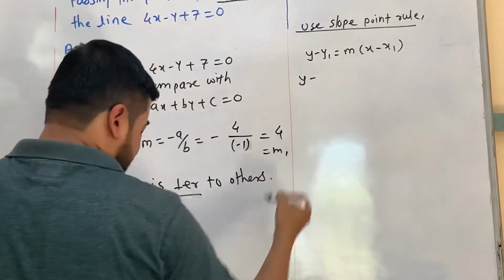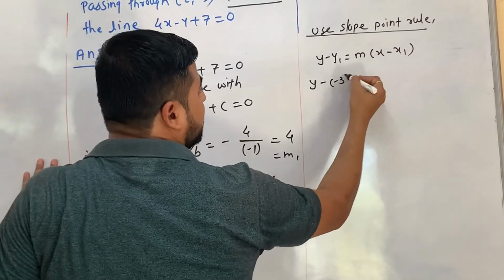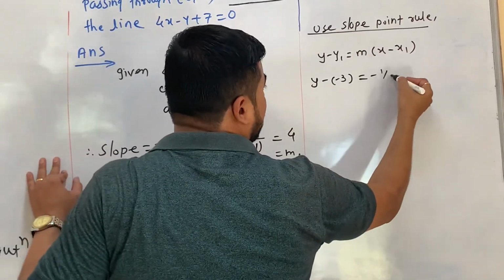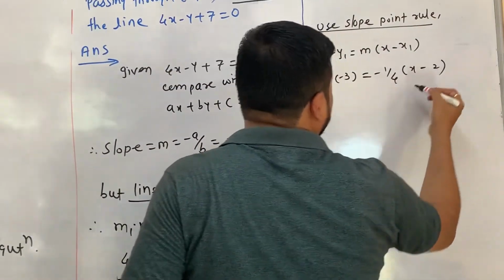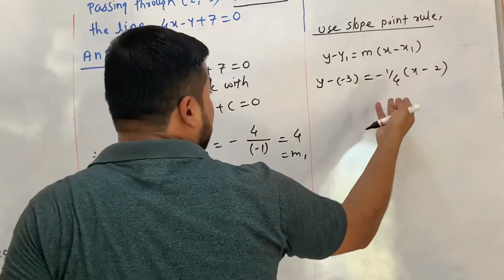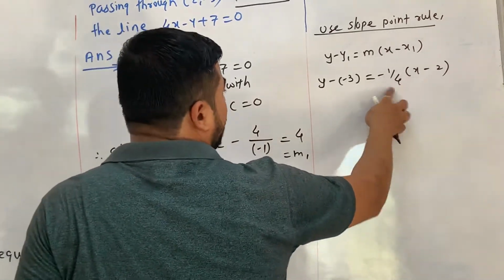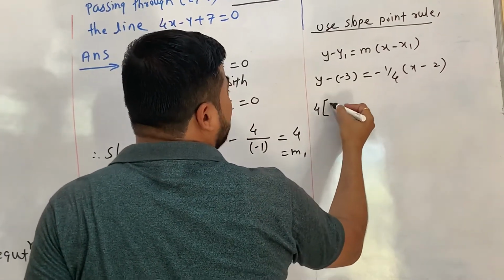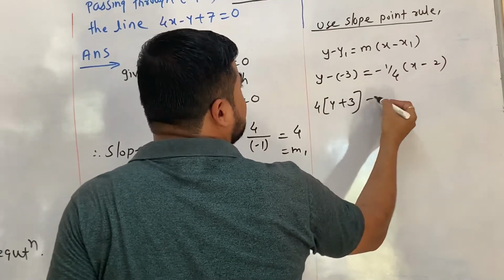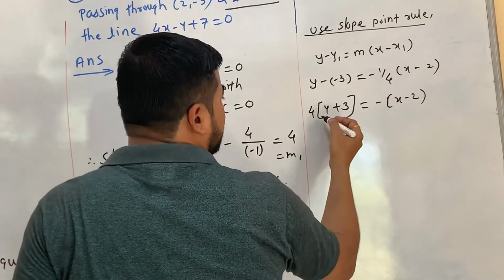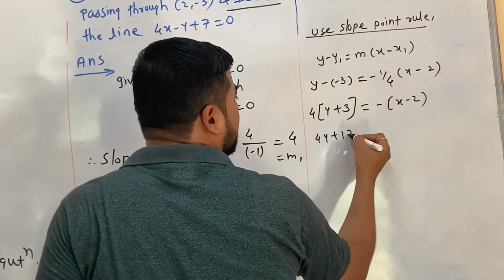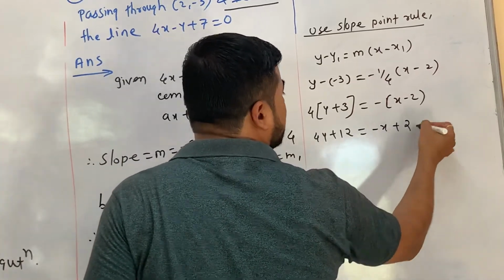y minus y1, where y1 is minus 3, m is minus 1 by 4, x minus x1, where x1 is 2. Solve this equation and find the standard equation of line. Multiplying by 4 on the left side, 4y plus 12 is equal to minus x plus 2.